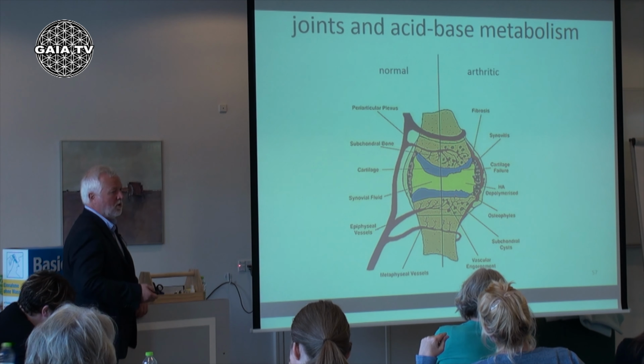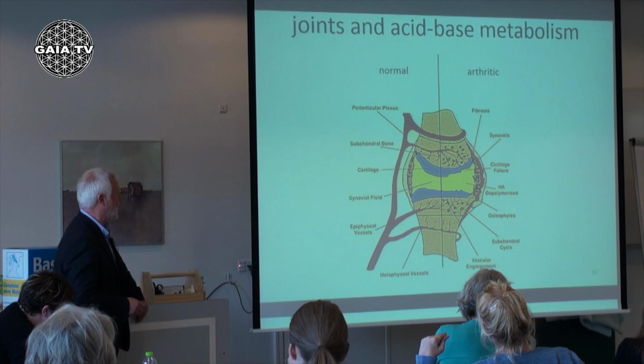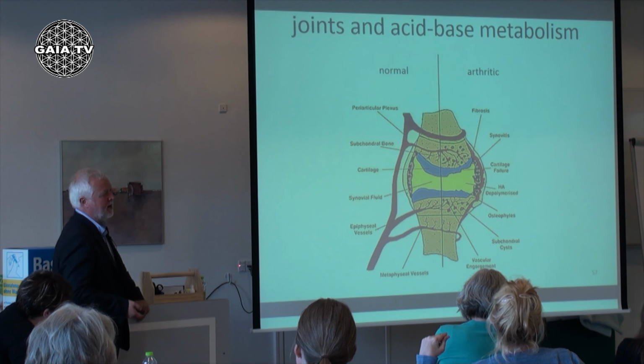But there are also, of course, other problems with pain, especially in patients with rheumatoid arthritis. You see here a normal joint, and you have in this synovial fluid, of course, also a normal pH. However, if there is inflammation going on, like here in arthritic joints, then the pH goes significantly down. You see this here.